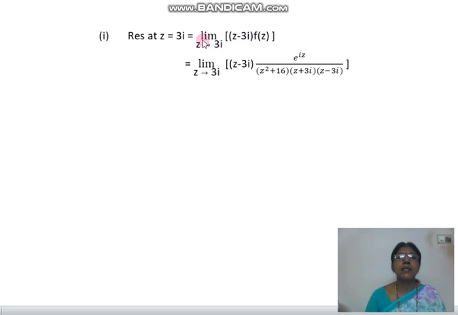Substitute f of z: e power i z over z square plus 16 times z square plus 9, and in place of z square plus 9 we substitute z plus 3i into z minus 3i. This z minus 3i cancels.